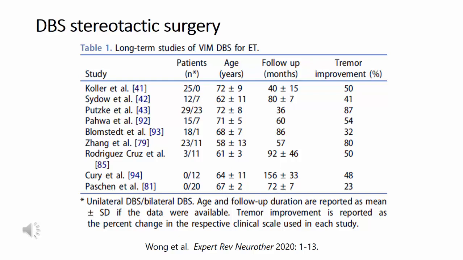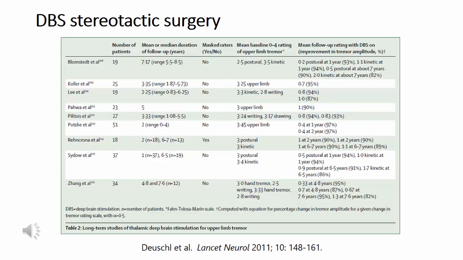Here is another table summarizing the results from the same clinical trials. Notice that the percentage improvement is estimated to be at least 80 to 90% in each clinical trial. Deuschl and colleagues computed the percentage improvement using the Weber-Fechner relationship between clinical ratings and actual tremor amplitude as would be recorded with a linear motion transducer.